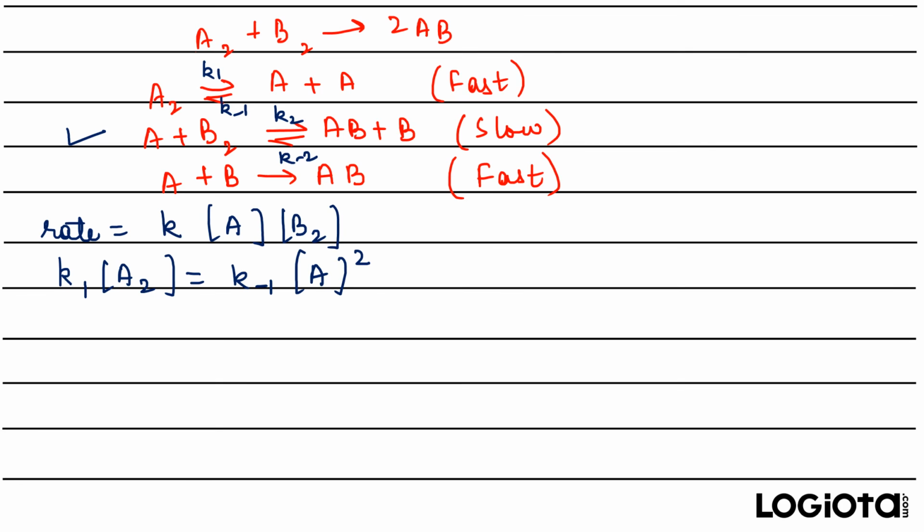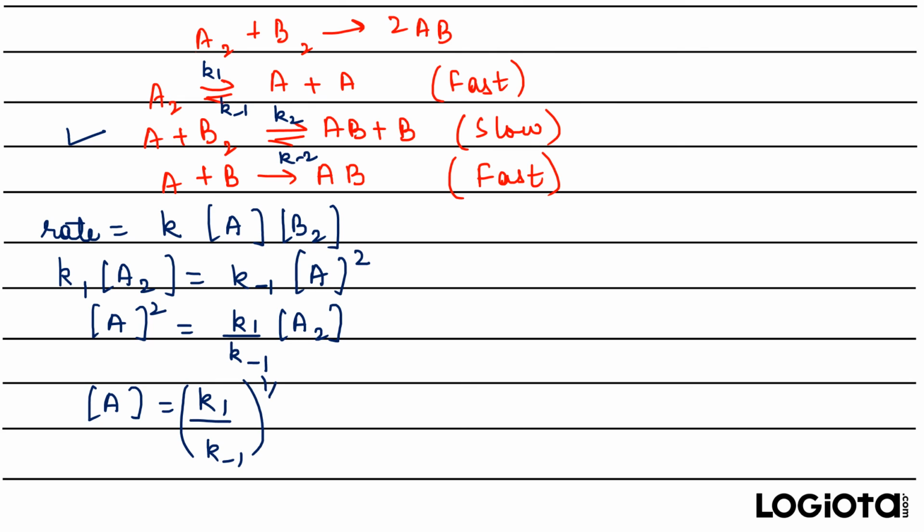We can write it as A square because both the products are A. Now we will convert it as A square is equal to K1 over K minus 1 of A2. So further, A can be written as K1 over K minus 1 under the root, A2 under the root, right?